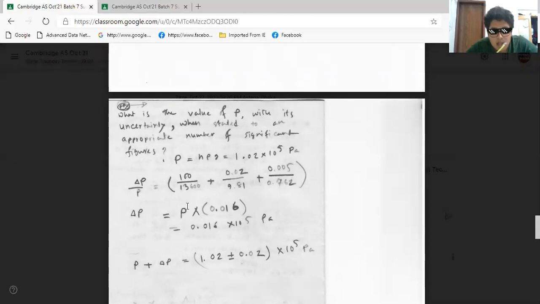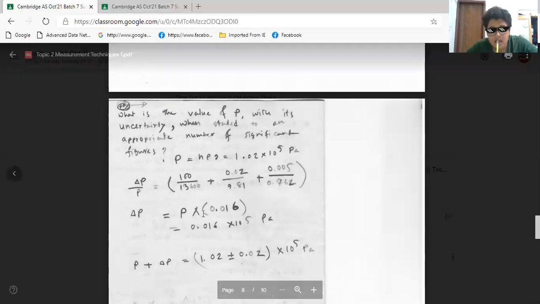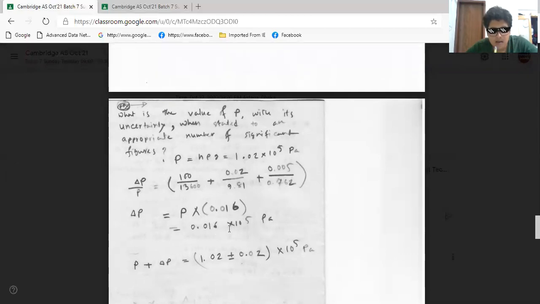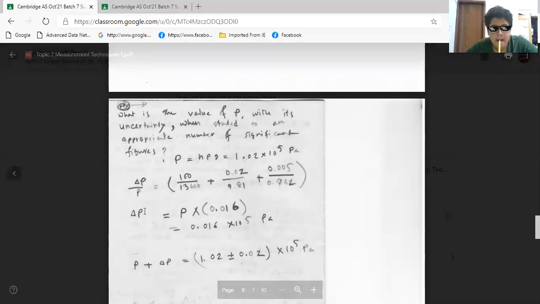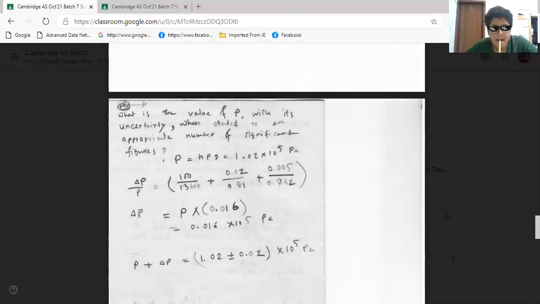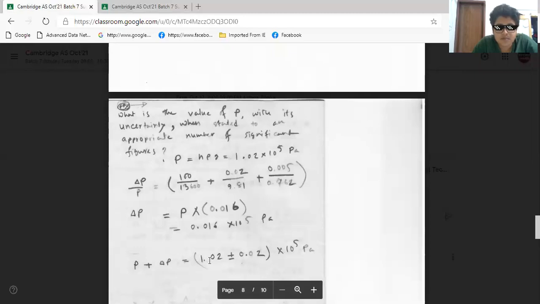If you multiply with this P, which is 1.02 into 10 to the power 5, it will come 0.016 into 10 to the power 5 Pascal. That is your absolute uncertainty in P. Is it clear? So P plus minus del P equals 1.02 plus minus 0.02 into 10 to the power 5 Pascal.